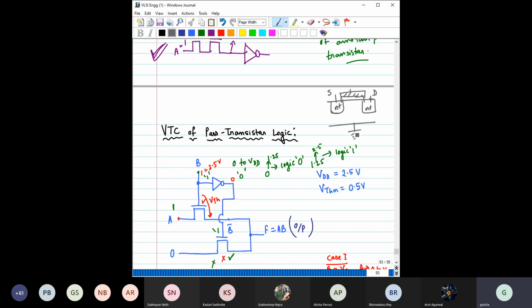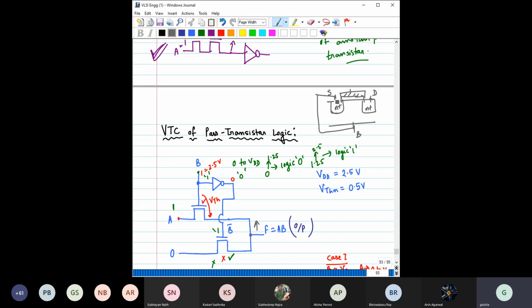If this potential has been grounded, is it not changing? These two are shorted, right? Source and this body terminal are shorted, right? Now as you are changing this voltage, as this V is changing, are you not changing this bias?